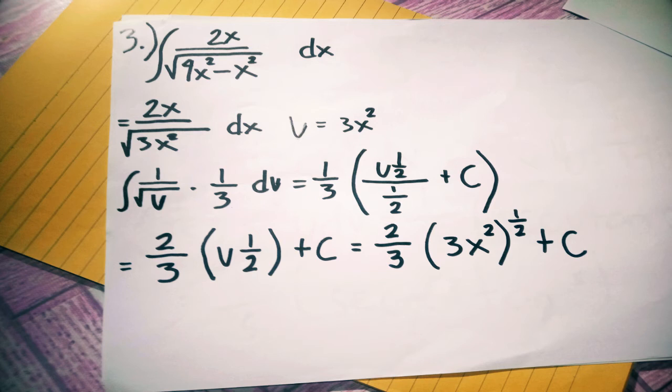The integral of 1 over the square root of u multiplied by 1/3 du equals 1/3 times the quantity u raised to the power of 1/2 over 1/2 plus c, which is equivalent to 2/3 times u raised to the power of 1/2 plus c, and the final answer is 2 over 3 times the quantity 3x squared raised to the power of 1/2 plus c.